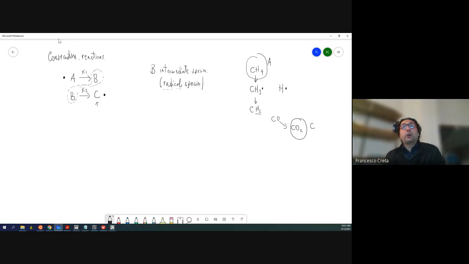But all those intermediates will be referred to as B, as these radical or intermediate species. In fact, sometimes we refer to it as the radical pool, to underline the fact that we have a lot of those intermediate species.